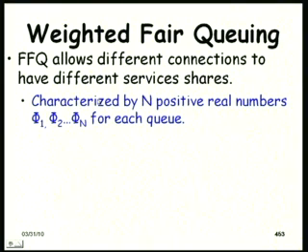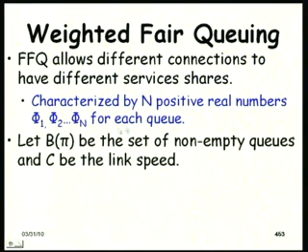But that was a simplistic description, that it just transmits n packets at the front of the queues. Actually, it allows different connections to have different service shares. The service shares of different connections are given by phi 1, phi 2, up to phi n.